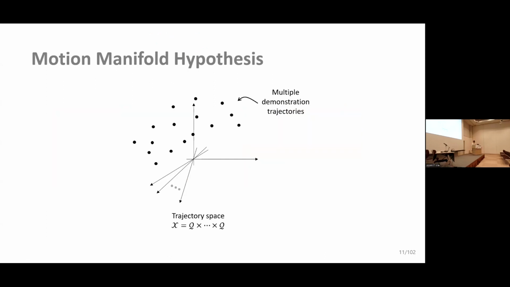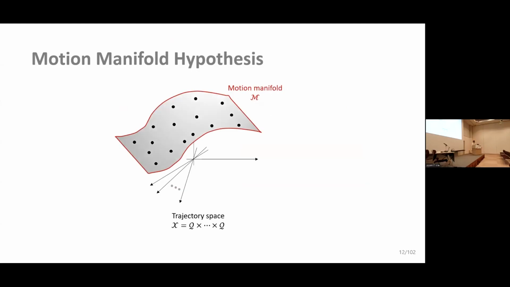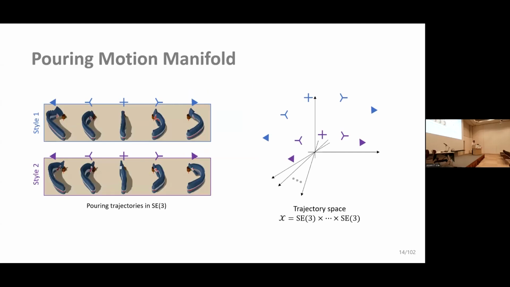We still have one reason for hope, namely the motion manifold hypothesis. Imagine multiple trajectories lie in the trajectory space. The motion manifold hypothesis states that these trajectory data points lie approximately on some lower dimensional nonlinear space, a manifold, denoted by M. And the dimension of M is much lower than the dimension of X. For example, the pouring data set originally lies in the trajectory space, the product of SE3 spaces.